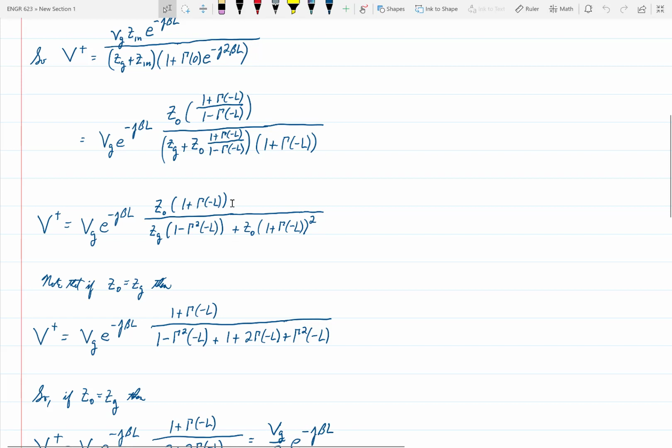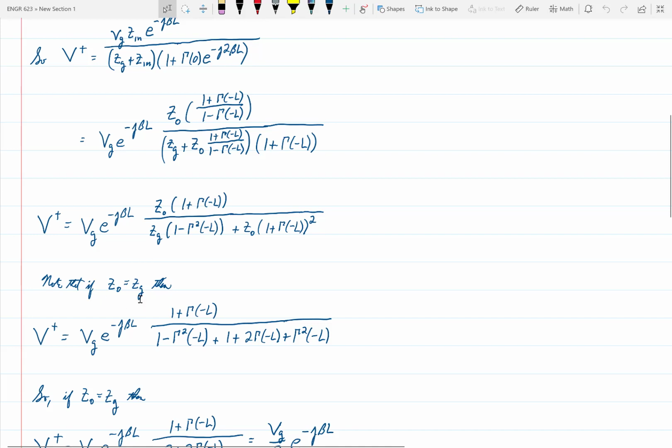Well, this right here is not necessarily an easy expression to evaluate, but in one case it's very easy to evaluate, and that's when the characteristic impedance of the transmission line, Z0, is equal to the source impedance, Zg. And that happens to be the case for this problem. So let's go ahead and use that fact.